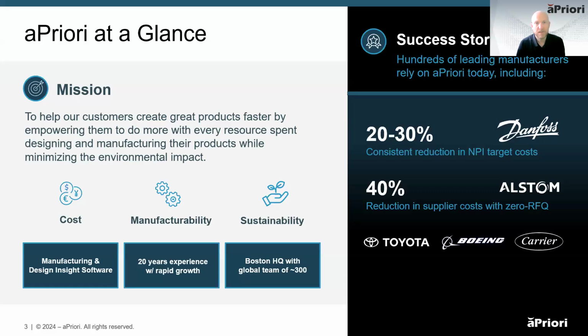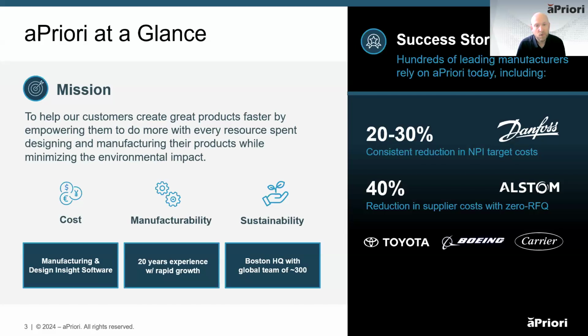Some of our customers have found huge success using our product, our platform. Danfoss initiated a corporate-wide cost down initiative, and as part of that started 3 programs, one focused on new product introduction. In a study they conducted post-implementation, they projected that new product introduction programs on average would be reduced by 20 to 30%.